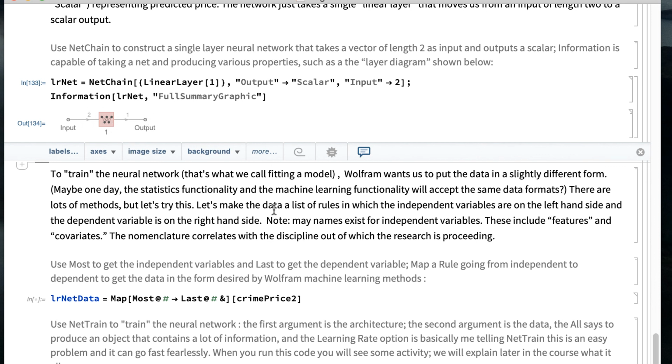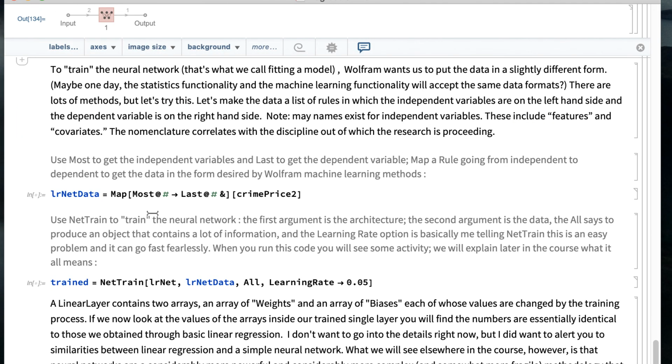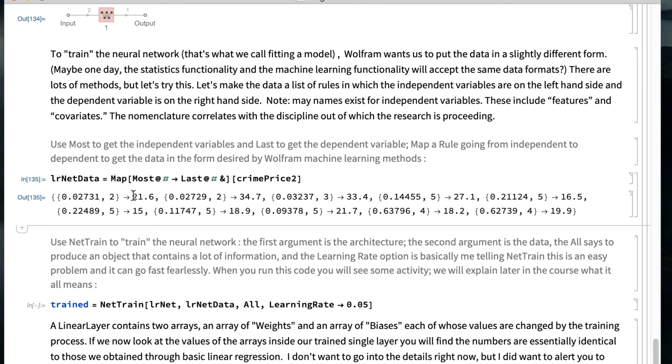Okay, so what we want to do is we want to train the network. That is, right now this network is stupid. If I give it numbers and I tell it to make a prediction, it really isn't going to be able to do very well. So to do this, I need to get the data in the right form. And let me just show you what the right form is.